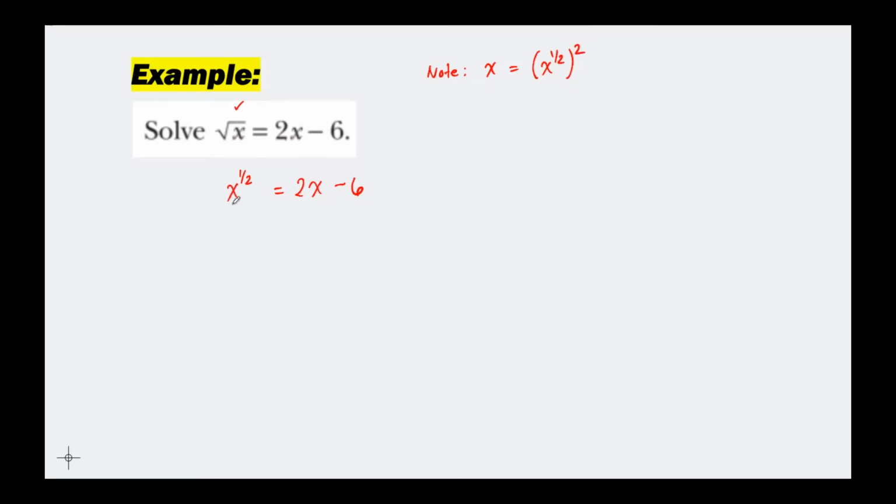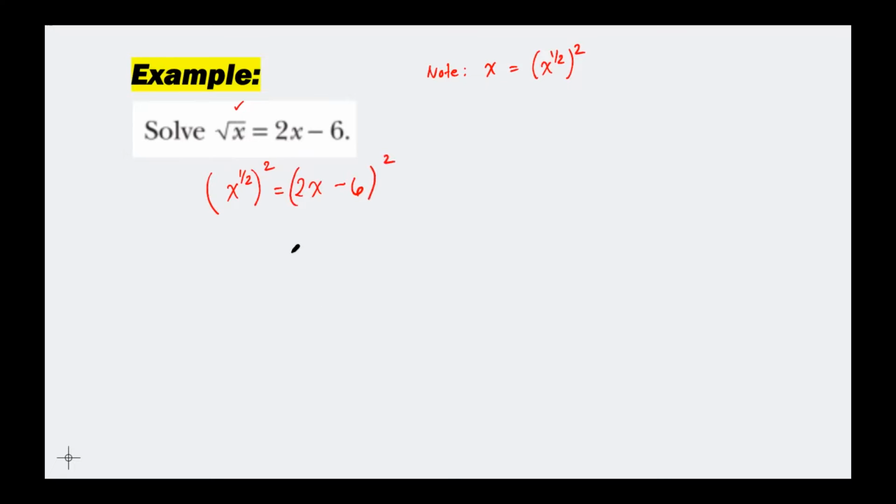So if you square your x to the power of 1/2, that gives you x. So what we're going to do is square both sides of the equation.